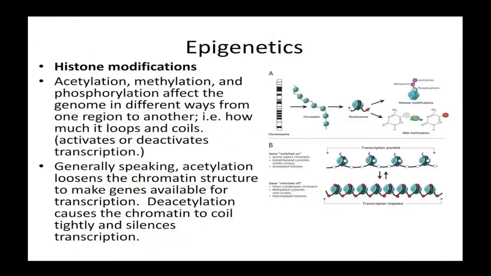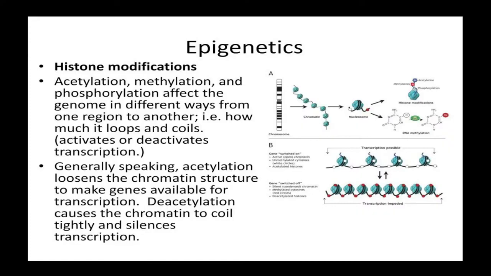Epigenetic control of gene expression can be provided by histone modification. Acetylation, methylation, and phosphorylation affect the genome in different ways from one region to another: how much it loops and coils, and whether transcription is activated or deactivated.